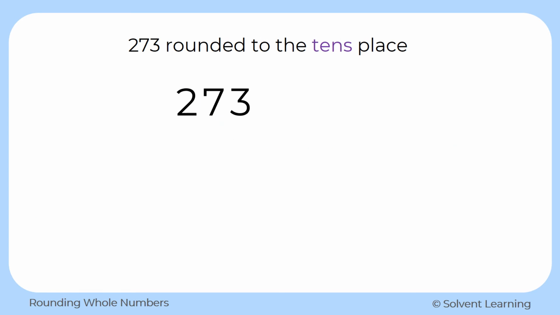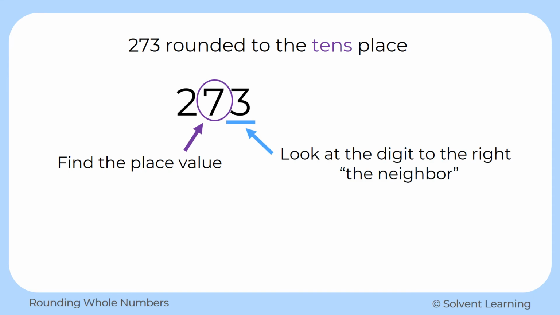Now if we want to round that same number to the tens place, we follow the same strategy, except this time we're starting by focusing on the digit in the tens place, which is the 7. Next, we look at the neighbor, which is the 3. The neighbor tells us what our digit in the place value is going to do.